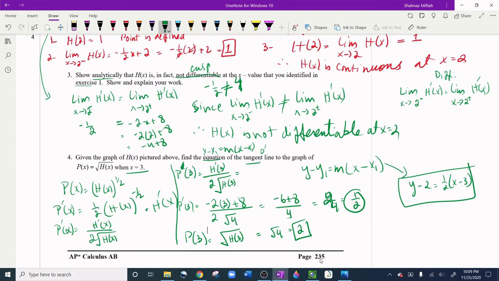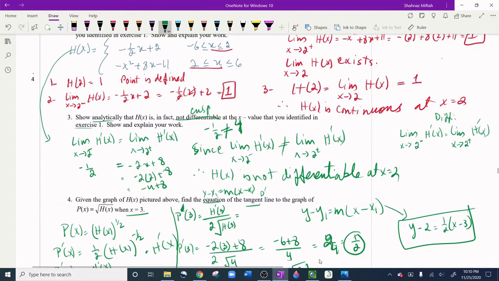I'm going to repeat this one more time. Since we needed a slope, I took a derivative of p and I got this derivative. Now what is h prime 3? I'm going to use this piece of information for h prime 3 because 3 is between 2 and 6. It's not between 2 and negative 6. So I'm using this equation, taking a derivative of it and plugging in 3, which we already did.